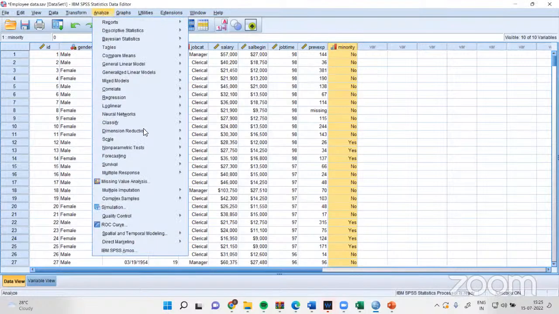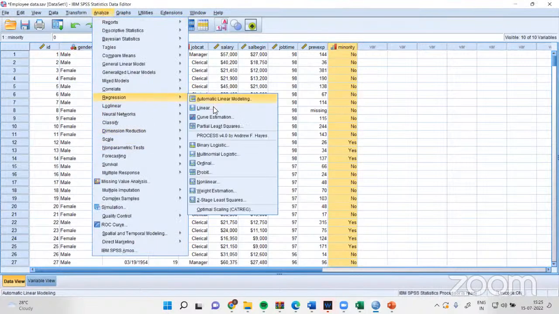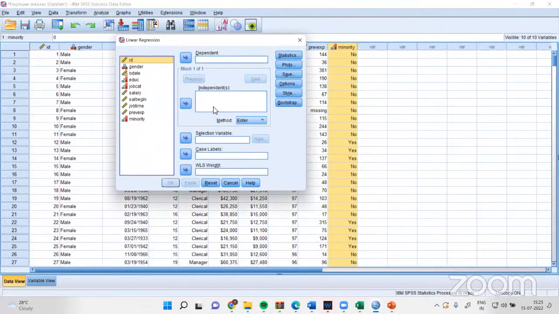Analyze. All of you go to regression, linear. Which is my dependent variable? Salary. Include education, beginning salary, job time, previous experience, and minority.